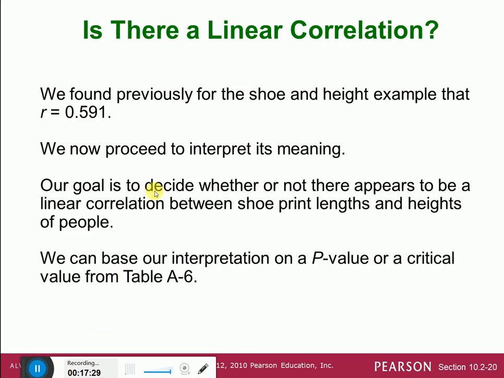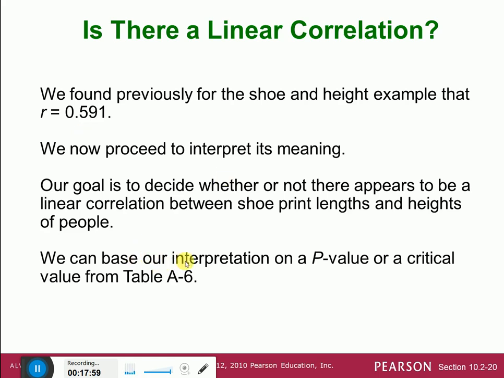Now, is there a linear correlation from the example we just did here? We found from the last example that R is 0.591, right? Now we need to proceed and interpret the meaning of that. Our goal is to decide whether this is a linear correlation or not.